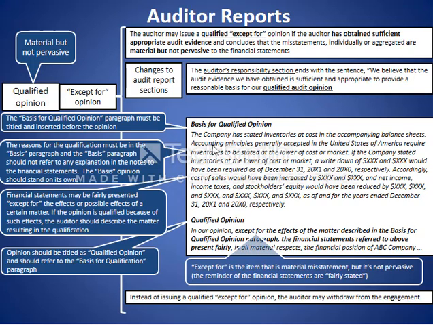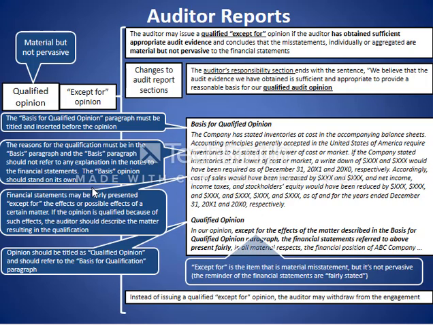Remember that the basis for qualified opinion has to be titled. So the basis for qualified opinion paragraph must be titled, and it must be inserted before the opinion. I'm showing over here an example of a situation where the auditor is issuing a qualified opinion. The reasons for the qualification must be in the basis paragraph, and the basis paragraph should not refer to any explanation in the footnotes to the financial statements.